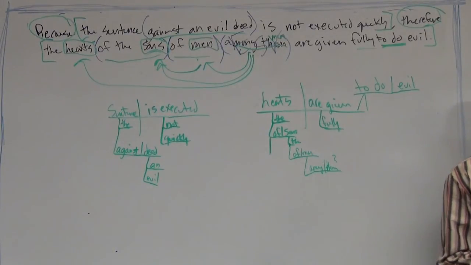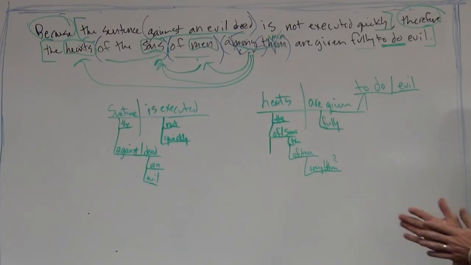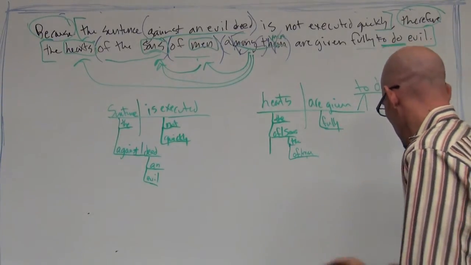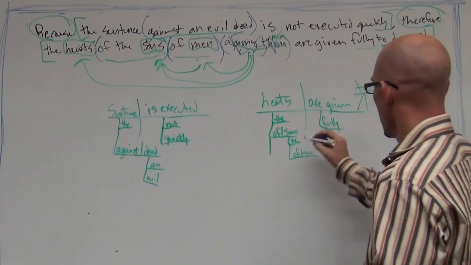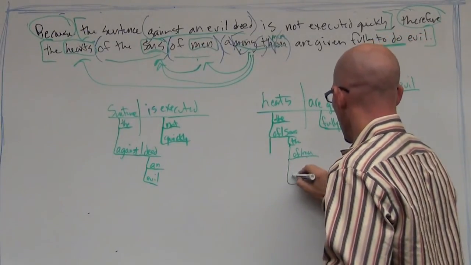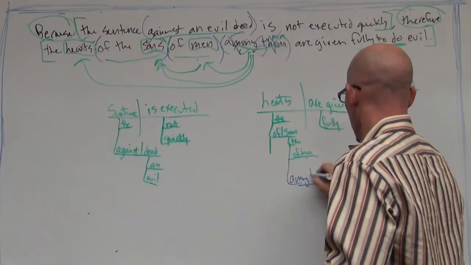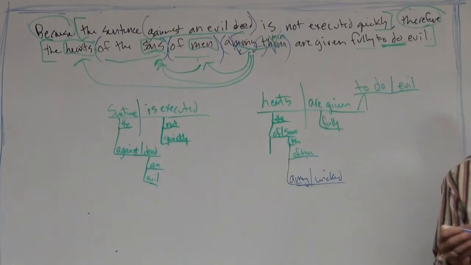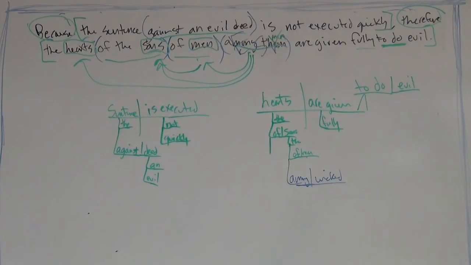No longer accountable to that set of words. Okay. So it sounds like sons of men who are among the wicked, belonging to the population of the wicked, part and parcel with the rest of them.